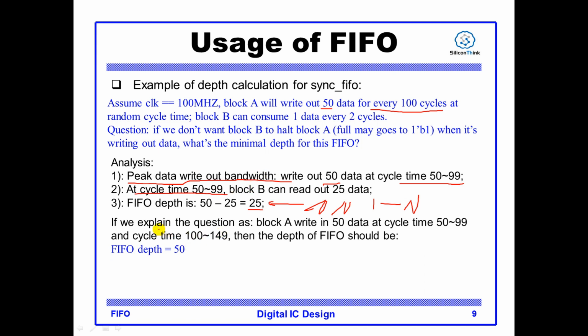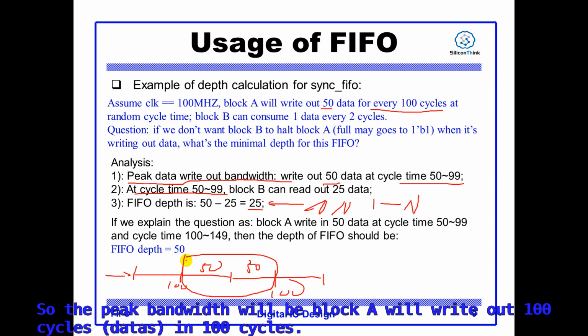Okay, there is a word trick for this question. If we explain the question in this time format, that is, 50 data output back to back, so the peak bandwidth will be block A will write out 100 data in 100 cycles.